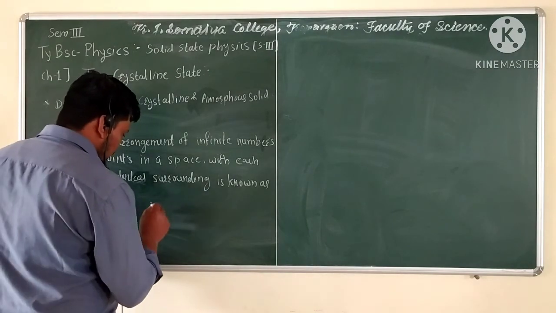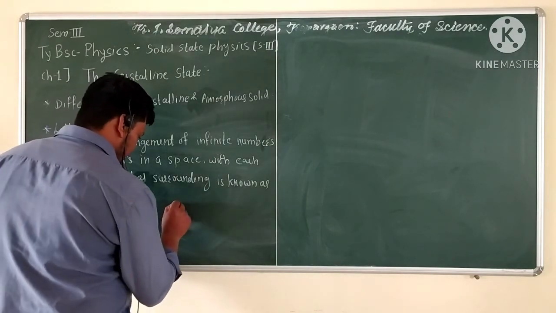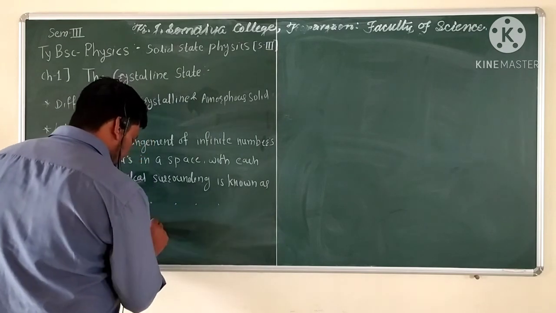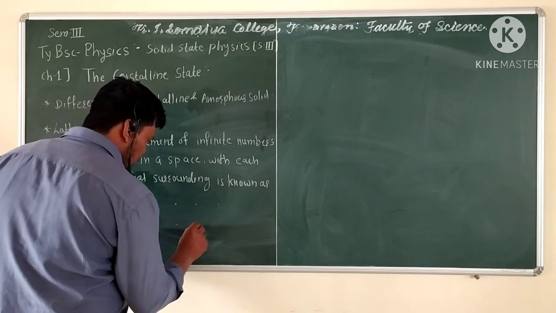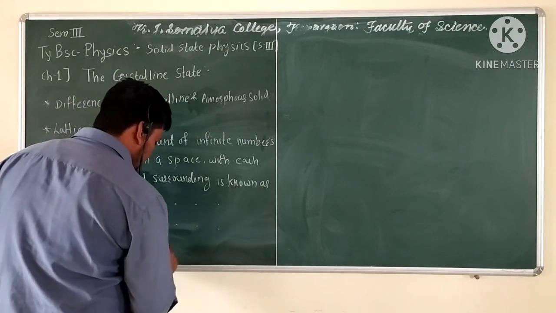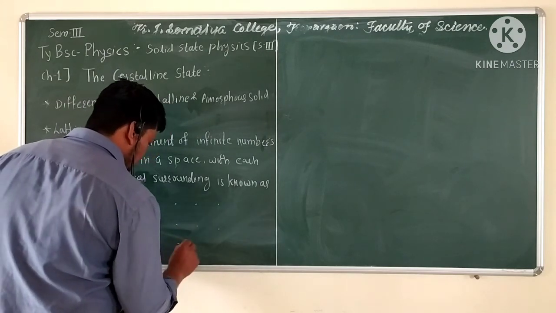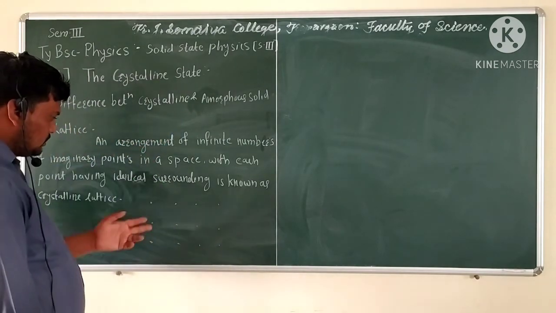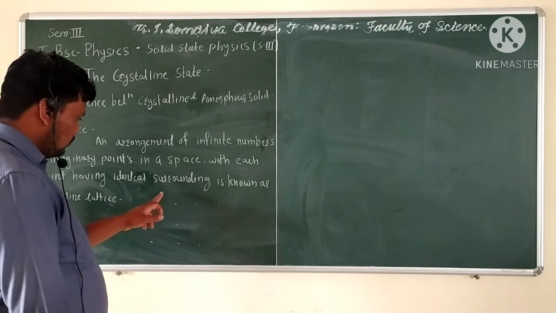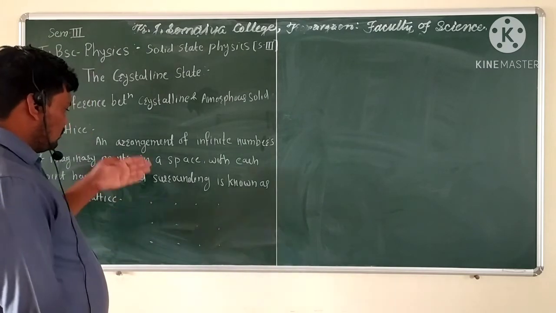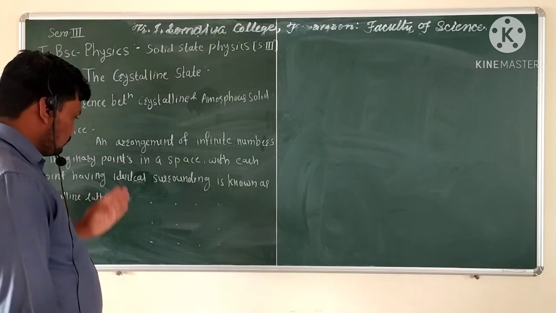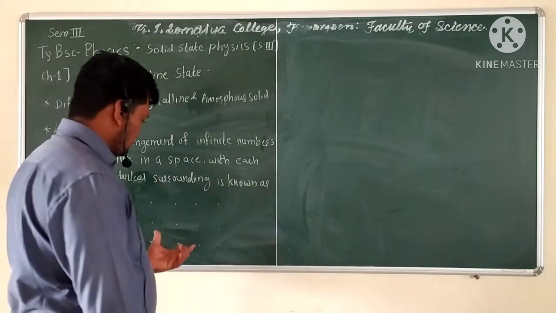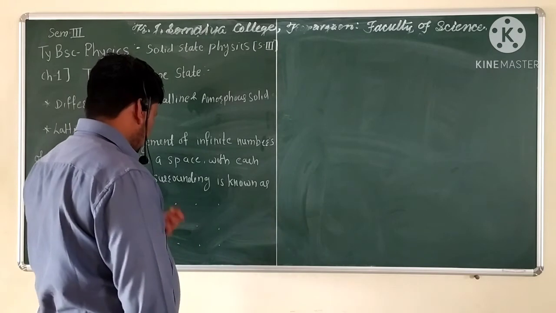For example, this imaginary point, this point, this point, the arrangement of these points in a space is a regular or periodic arrangement. This dot structure also follows the orderly, periodic arrangement, and the distance between the points is also the same.